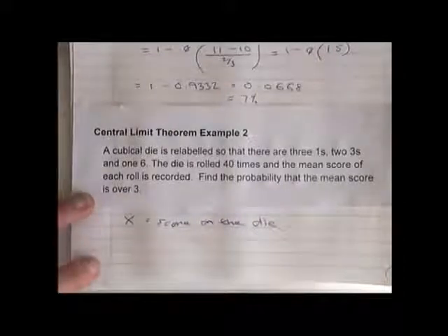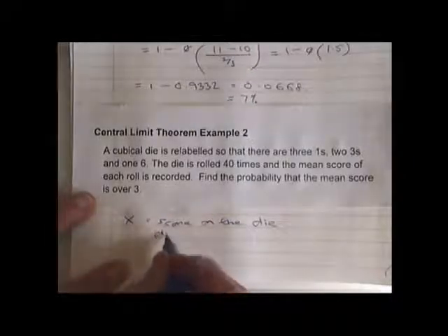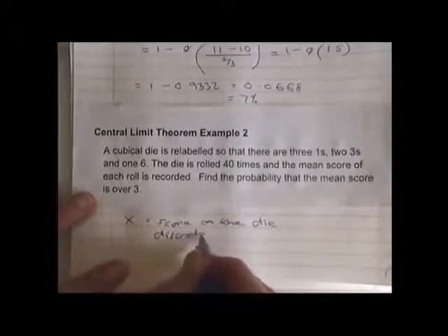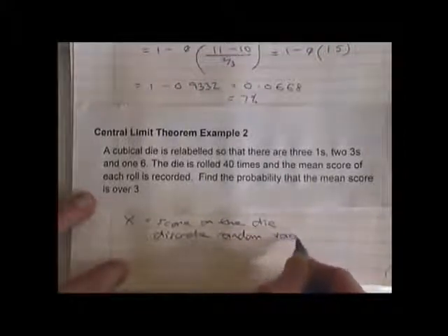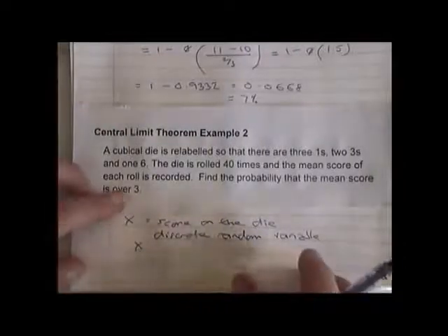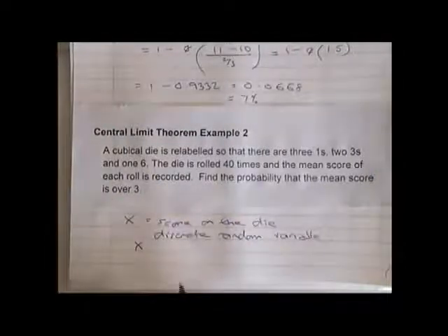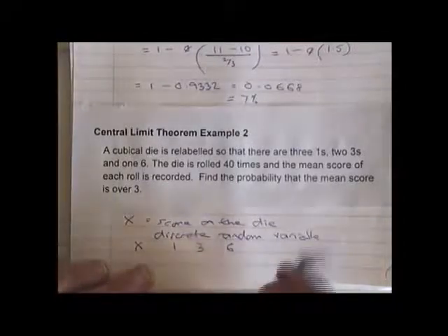What sort of random variable is this, the score on the die? Discrete. It's a discrete random variable, yeah, that's right. What are the values that x can take? 1, 3 and 6.